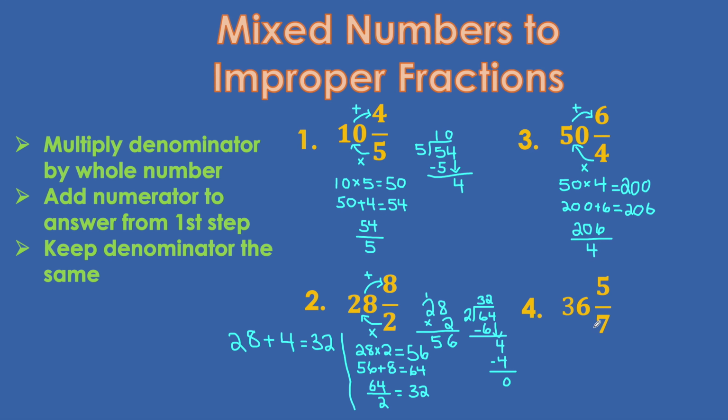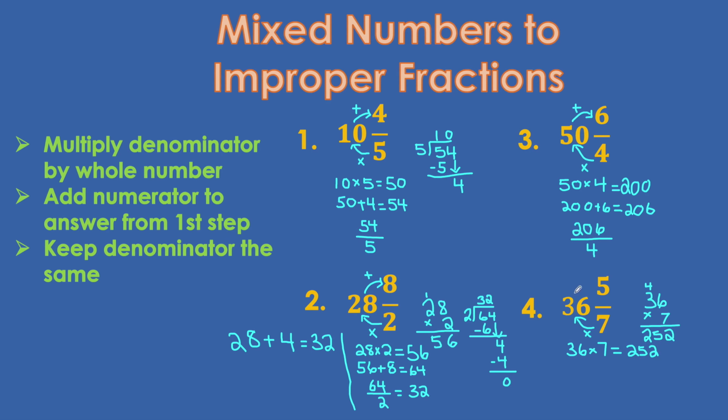Multiply the denominator by the whole number. 36 times 7 equals, I can do it here, 36 times 7. 6 times 7 is 42, carry the 4. 3 times 7 is 21, plus the 4 is 25. So we have 252.